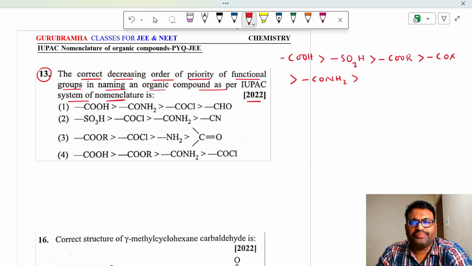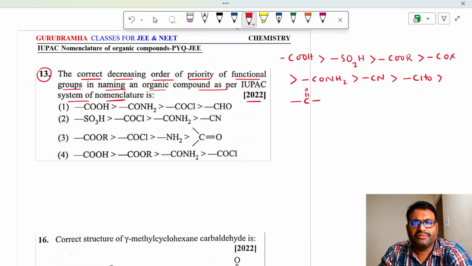Next cyanide, CN, cyanides, which are also called nitriles. Next aldehyde. Next ketone. Next alcohol. Next amine. So this is the priority order.